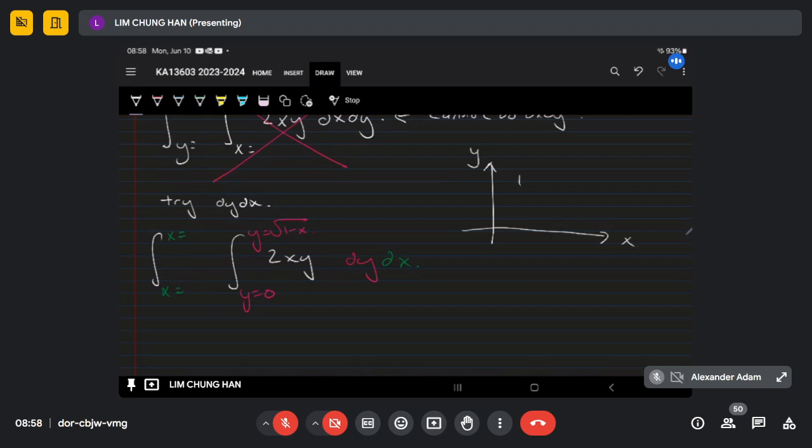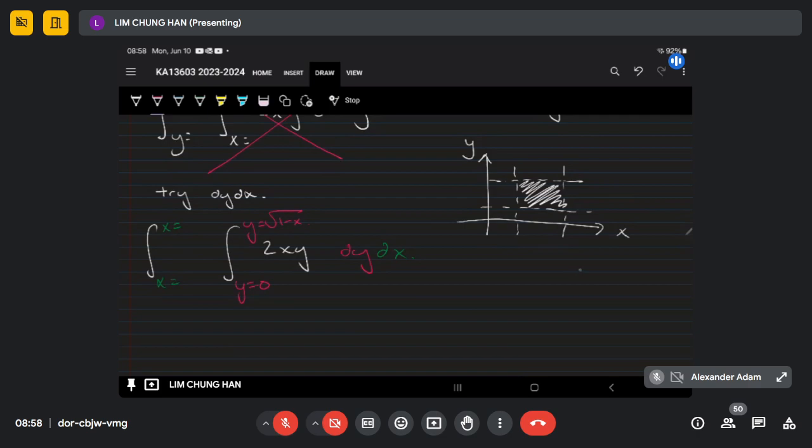When you have a region like that, if you do dy first, whichever one you do first, you have to draw the line.